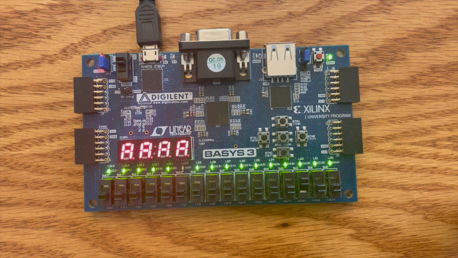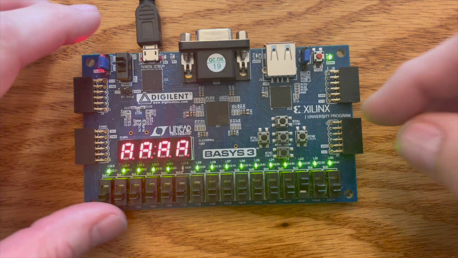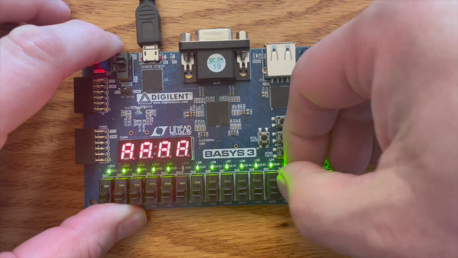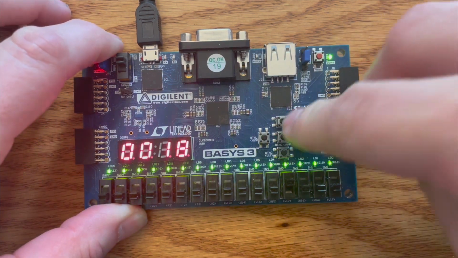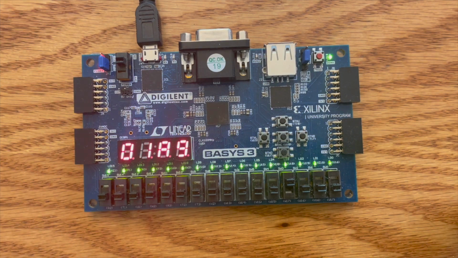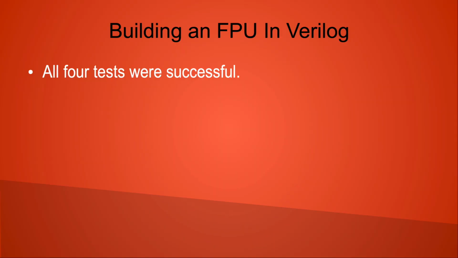The final test is for the rounding mode, round toward negative. The final test is done. Now back to the slides.